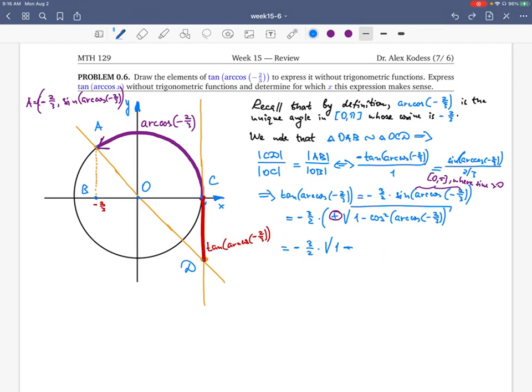Let's not skip steps. So it'll be cosine of arc cosine of negative 2/3 squared. Cosine of arc cosine of anything whenever it's defined is the argument, so we get negative 2/3 squared. So that'll be 1 minus 4 over 9.